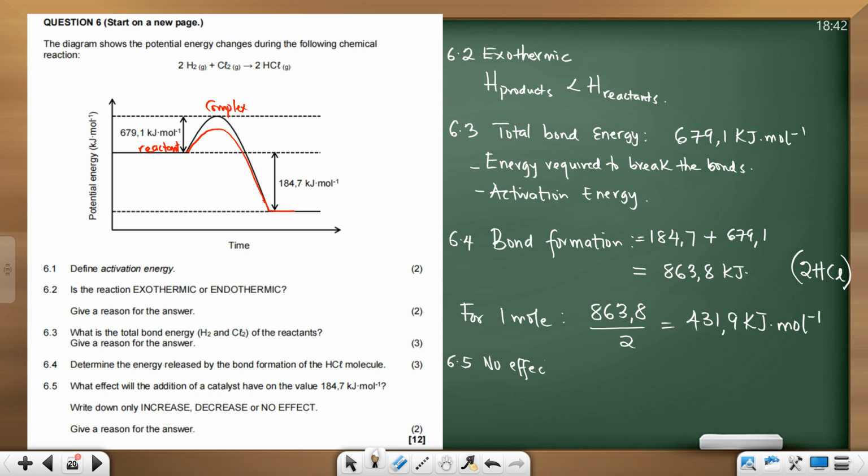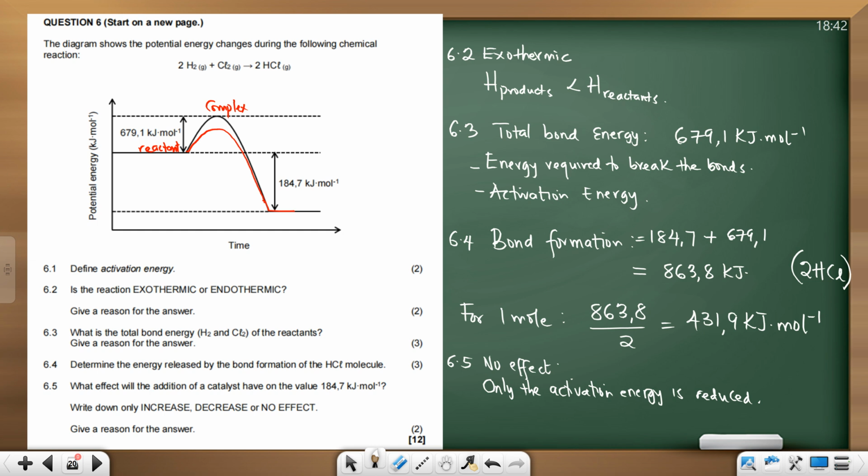What would be a reason? Only the activation, and just because we are talking about the energy. So let's talk in terms of energy. Only the activation energy is reduced. The heat of reactant and heat of product are not tampered with. I think I did mention that, right?